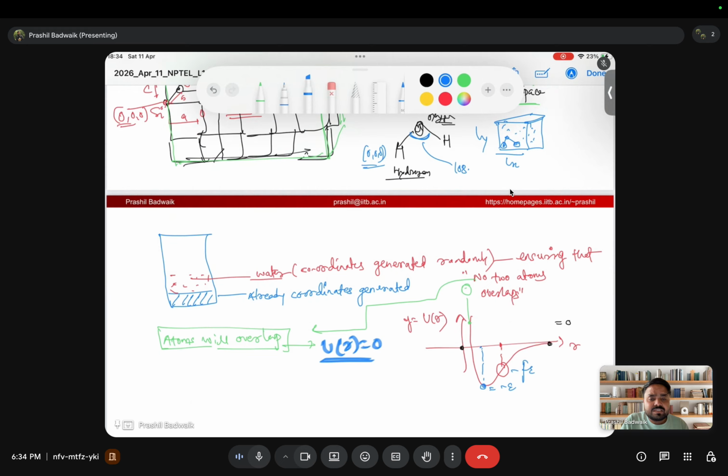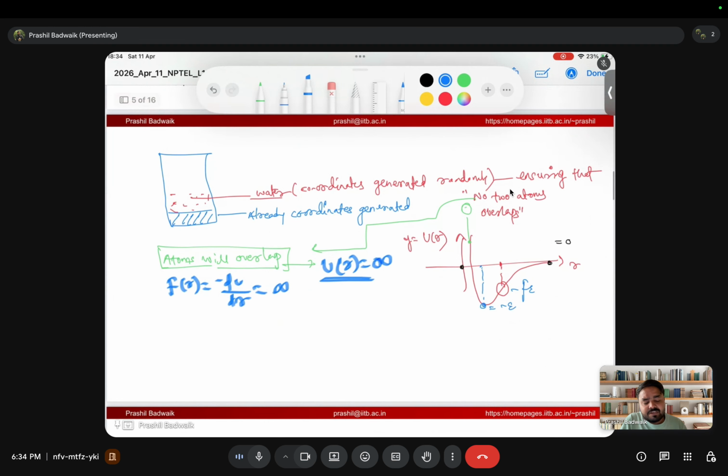And since the energy is infinite, force as a function of r, del U by del r, is also equal to infinity. Correct? If the force is infinity, we know how to get the coordinates of the new atom, right? That we will discuss.